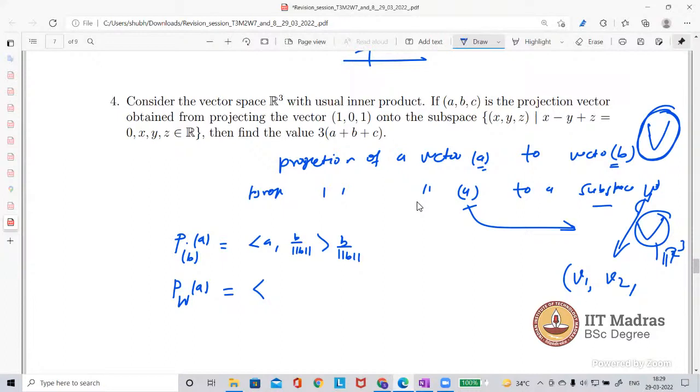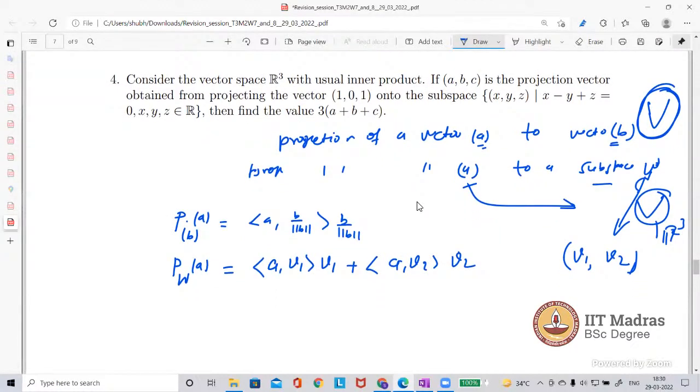The whole inner product space is R3, and the subspace is W, which has an orthonormal basis B1 and B2. So the definition says A·V1 V1 plus A·V2 V2. These are orthonormal, not orthogonal. Suppose you got orthogonal, then you have to change it with the norm.